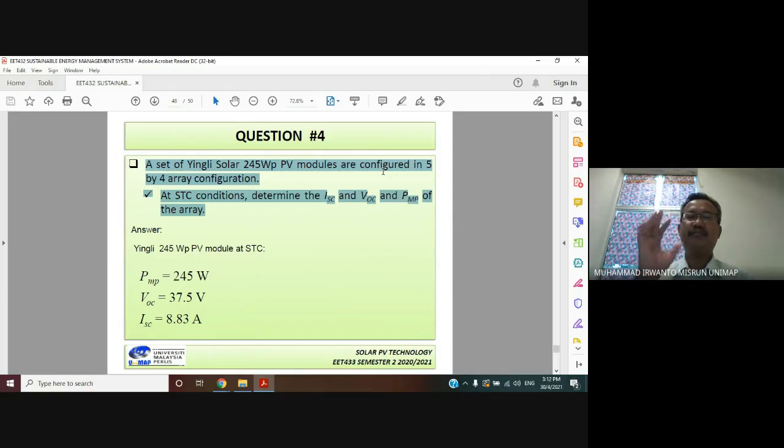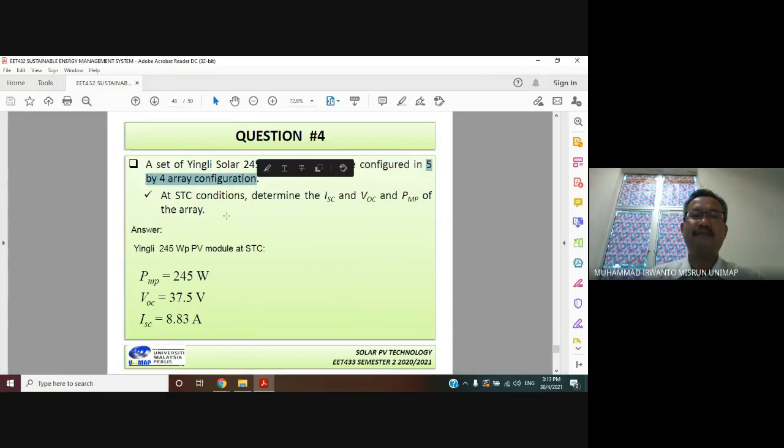The 5 by 4 array configuration means that in one array we have 5 strings, and each string is constructed by 4 PV modules connected together in series. That is the meaning of the 5 by 4 array combination.